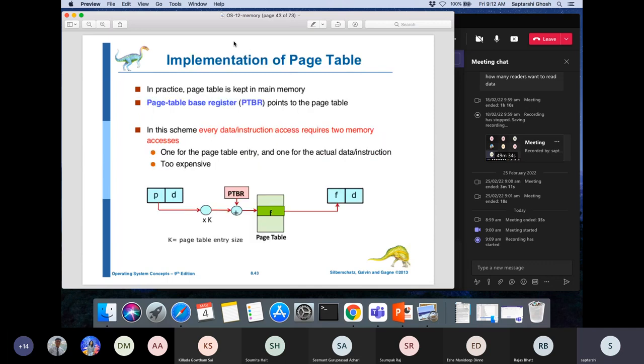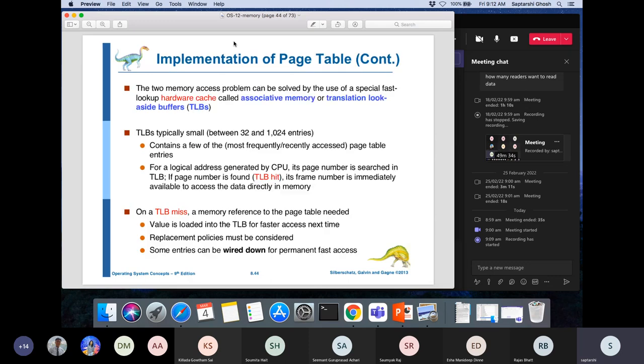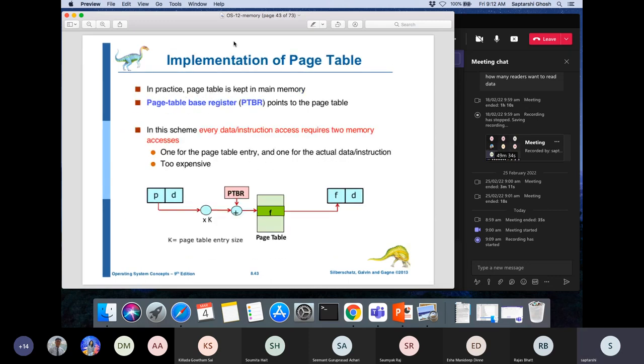So we understood that, first of all, page tables need to be in the memory itself. Somewhere the page table also needs to be stored, and that will be stored in the memory itself. But that immediately creates two problems. One is that now it seems for every data access or instruction access, 2 memory accesses will be required.